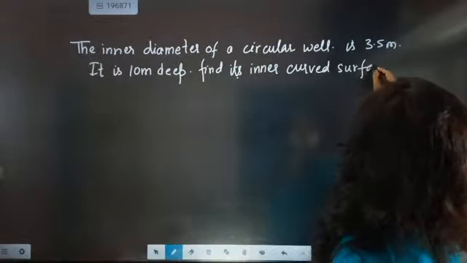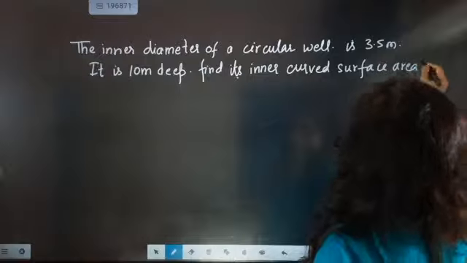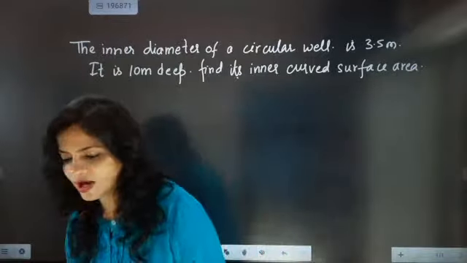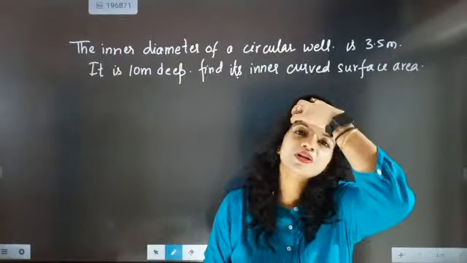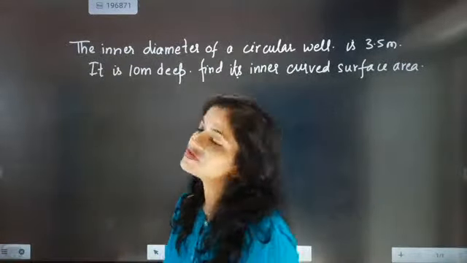Inner curved surface area. Like these type of questions only will be coming. 2 marks will be there. Each division will be coming for 2 marks. So the first part of the question is to find the inner curved surface area.